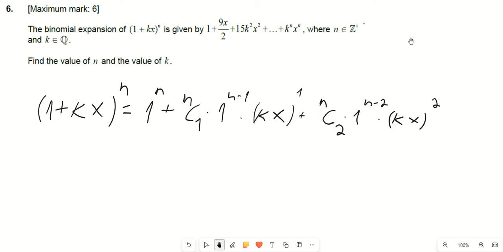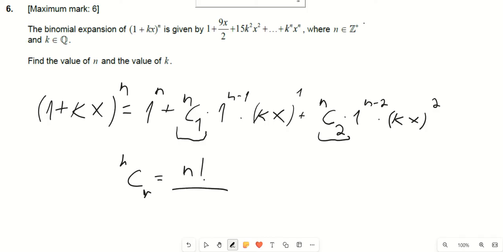And those numbers, nC1 and nC2, can be calculated using the formula nCr, which is the factorial of n over the factorial of r times the factorial of n minus r.